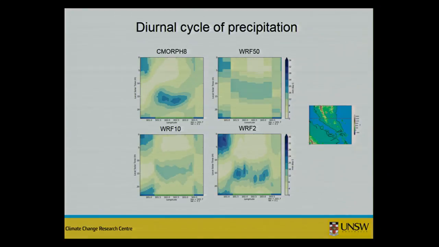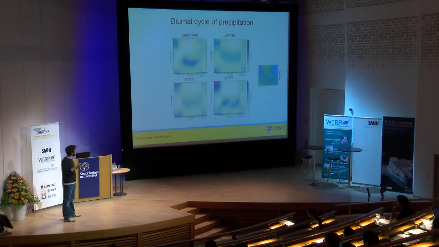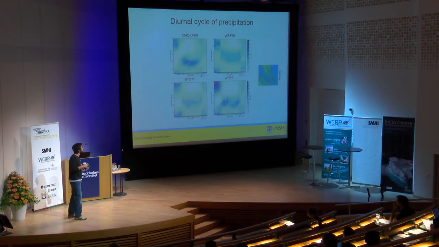So it's very clear where we have this maximum of precipitation in the night and early morning, and then it appears in the afternoon over the island. It propagates from the coastal regions towards the interior of the peninsula.